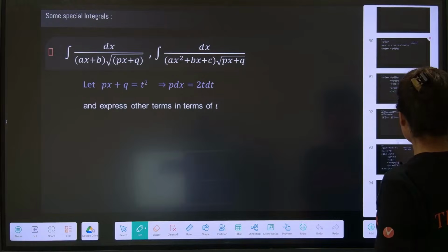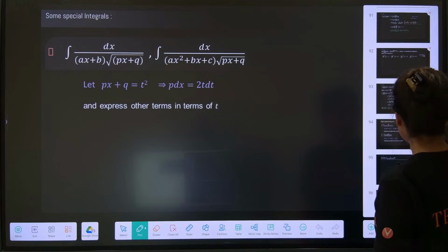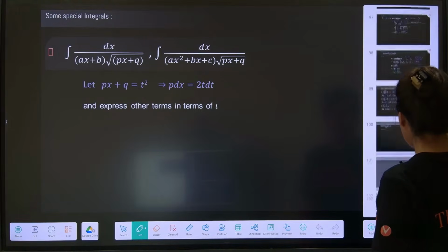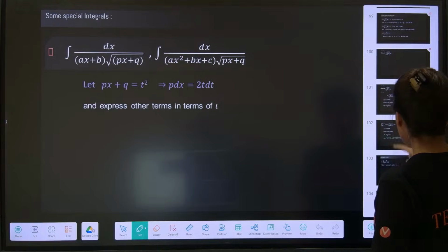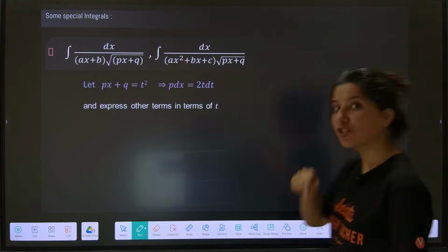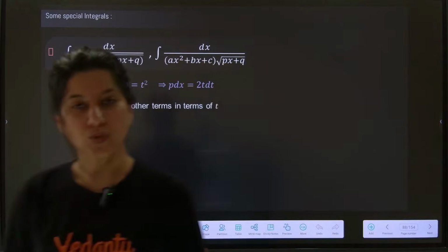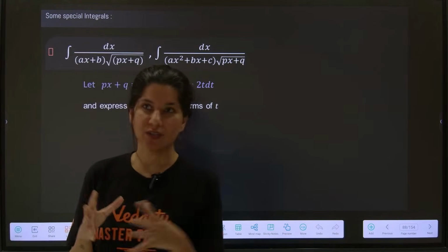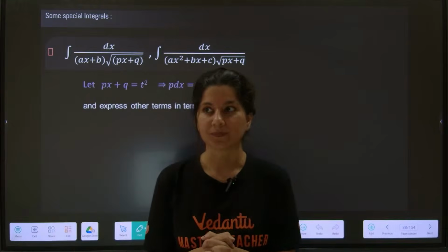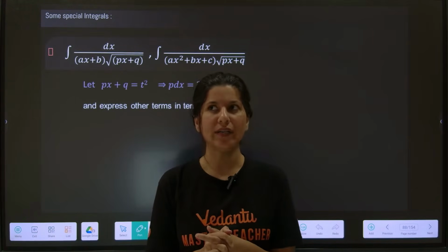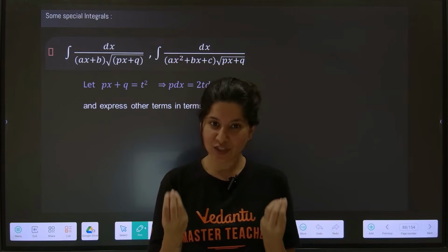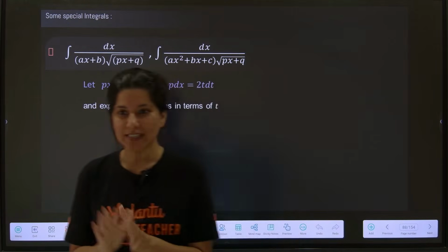Some special kinds of integration are left, and apart from that we have partial fractions as well, and some miscellaneous. So we will need one more lecture for that, probably one or two. After that we'll be done, because indefinite integration is such a huge chapter. So yes, let's keep it till here.